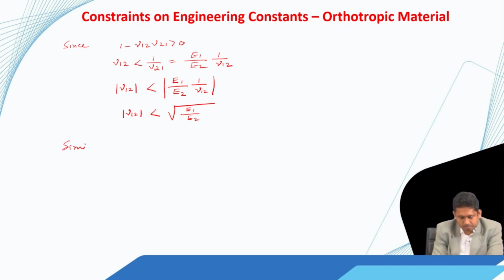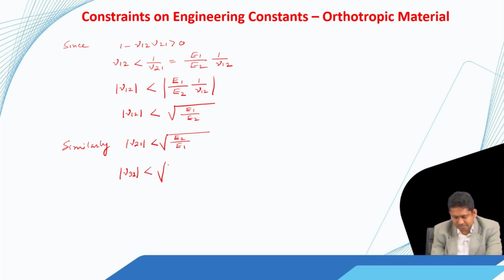Similarly, the other terms follow. We have ν21, and its modulus should be less than the square root of E2 by E1. We have ν32, and the modulus of that should be less than the square root of E3 by E2.